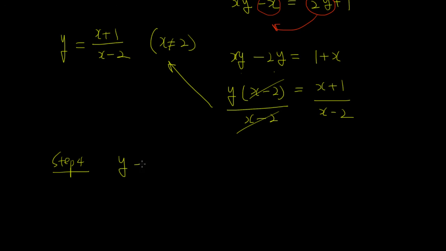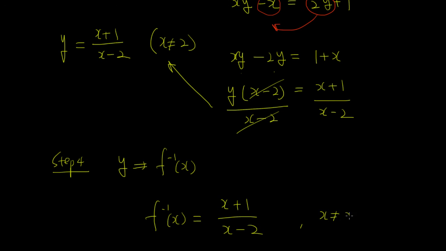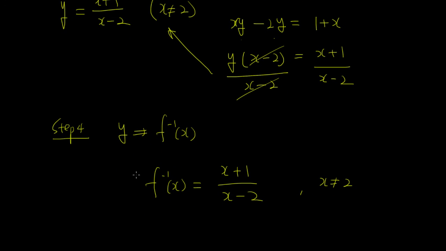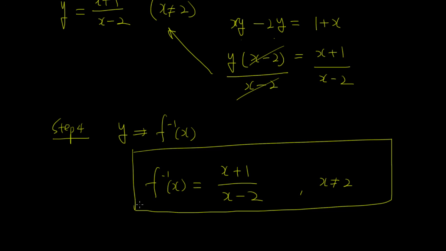Replace y with the inverse of f of x. So inverse of f of x equals x plus 1 over x minus 2, just like that, and x cannot be equal to 2, right? That's our solution.